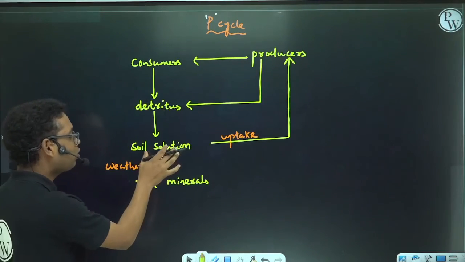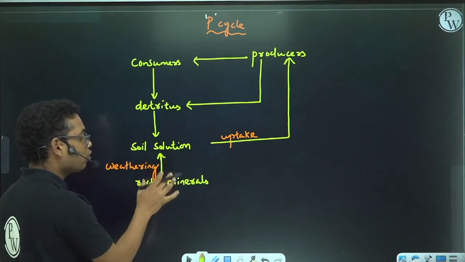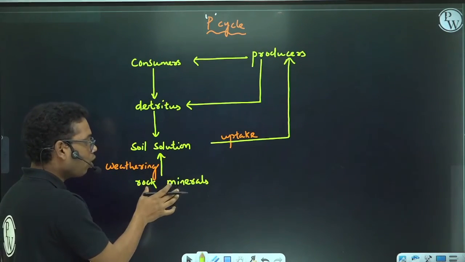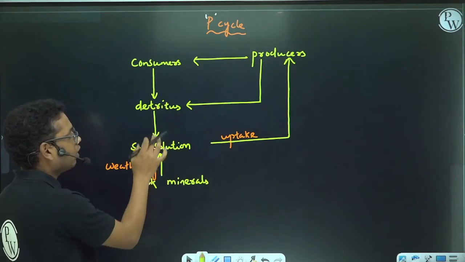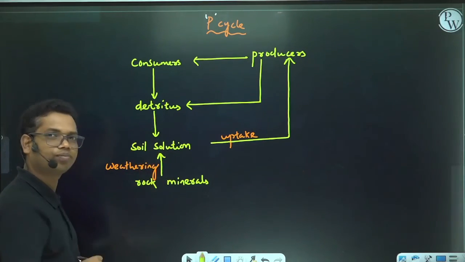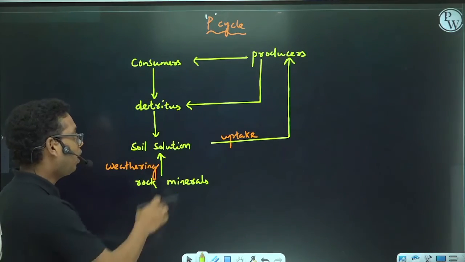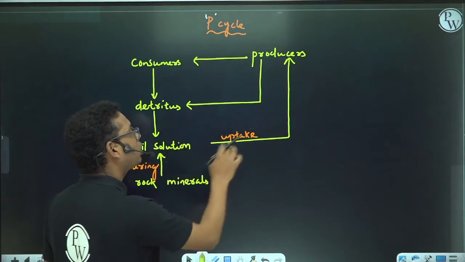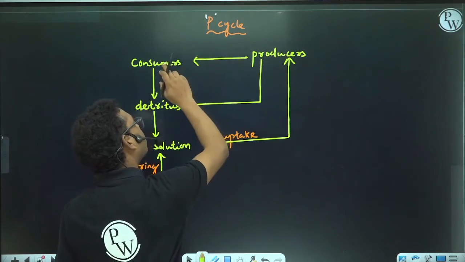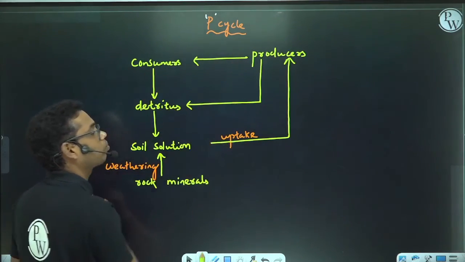And in the soil solution, the phosphorus is released from the rock. That means I can say from rock and detritus, the phosphate is added to the soil solution. And from the soil solution, the phosphorus is taken up by the producers, and from the producers it is taken up by the consumers.